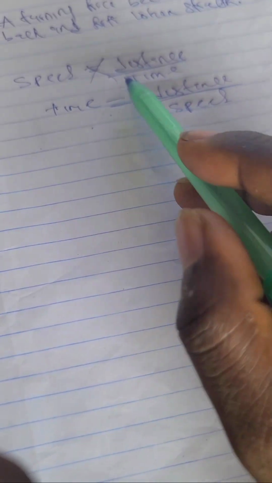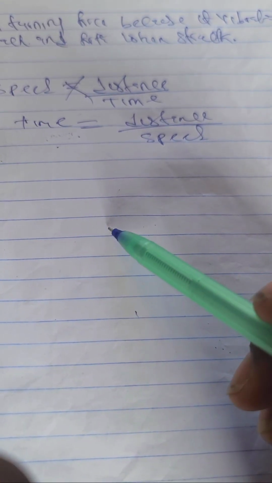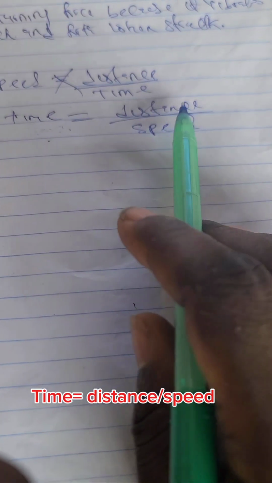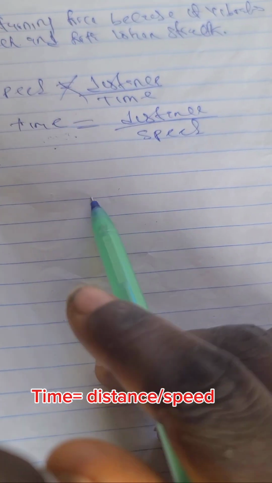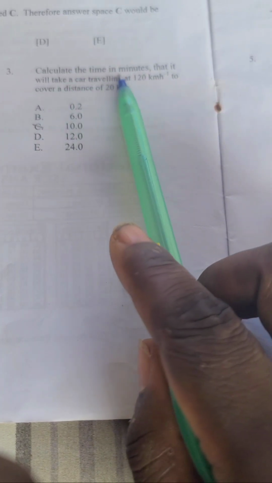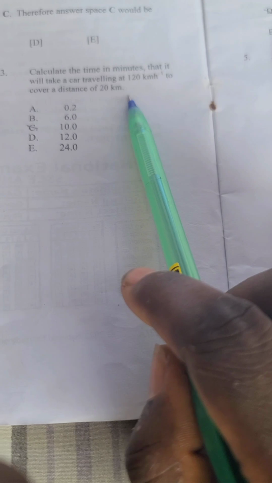So cross multiply, make time the subject of the formula. Our new formula is now time equals distance over speed. We are asked to calculate the time in minutes, so we must convert hours to minutes.